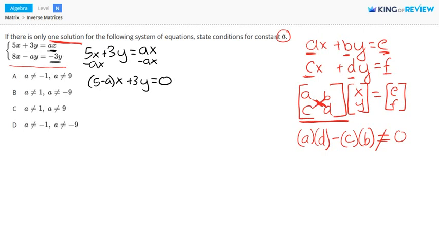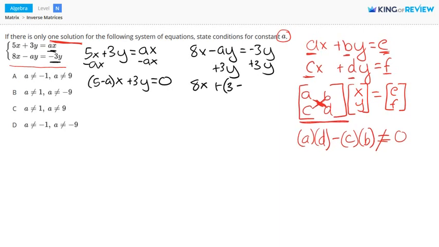And now for our next equation, 8x minus ay equals negative 3y. We're going to add a 3y on both sides. So this leaves us with 8x plus 3 minus a times y equals 0. So we have our two equations here, and they are in this format.